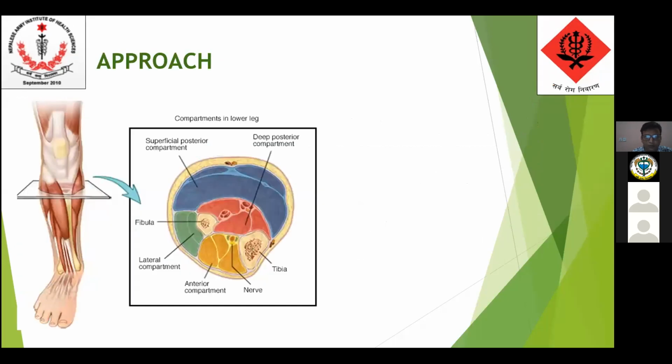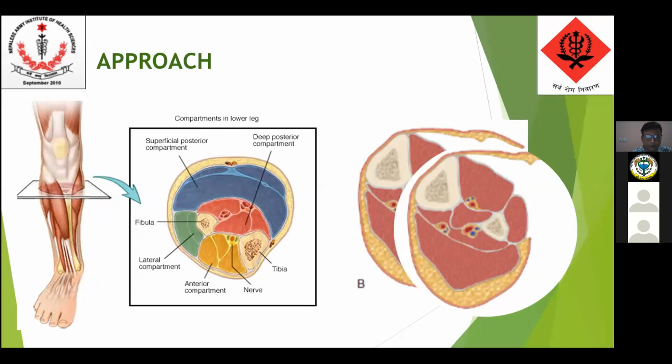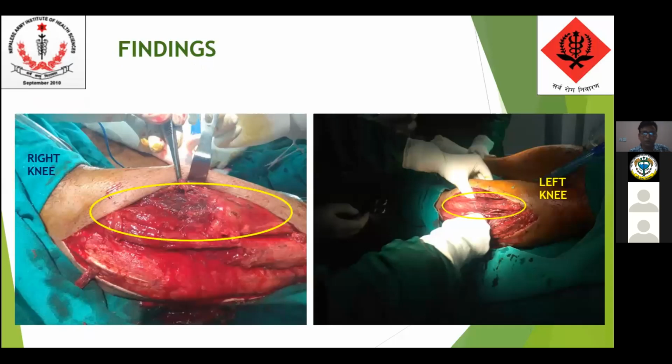Here we can see the compartments. The first approach was an anterolateral incision to see the anterior and the lateral compartments of the leg. What we found was dreadful: there was myonecrosis of the anterior compartment of the right leg, and myonecrosis of the anterior compartment and the anterolateral compartment of the left leg.